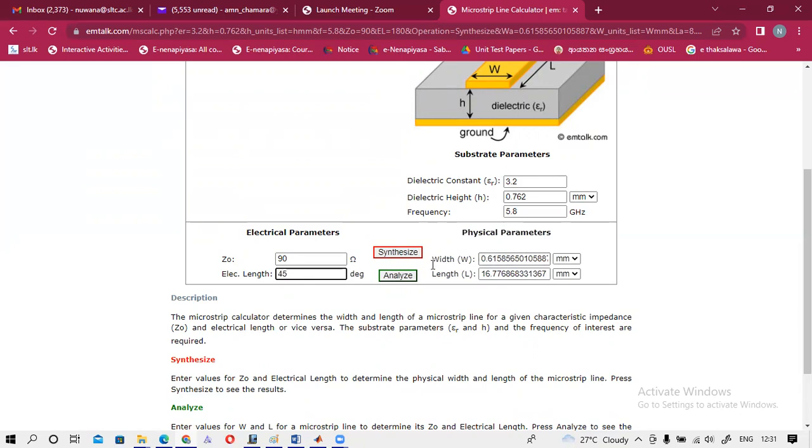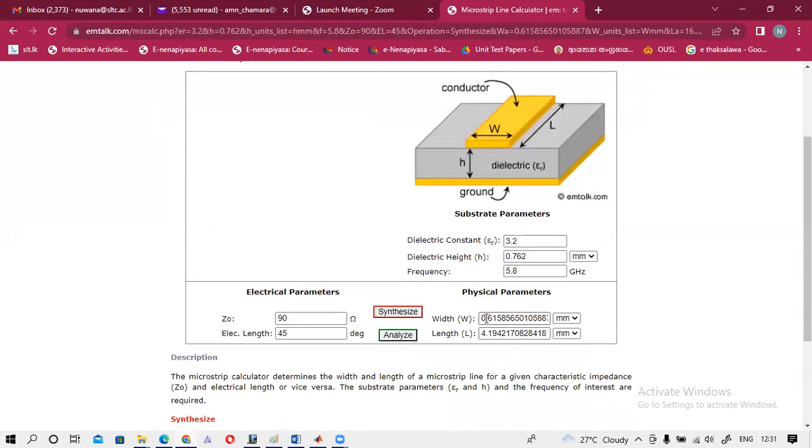If I put 45, it will be 4 point something, but still the width is not changed. If you change this Z naught or epsilon r, the dielectric constant, the width is affected very much, but the frequency and electrical length do not affect it much. So this is our high impedance line width, in millimeter, that is 0.615. I will put 0.62 millimeter.